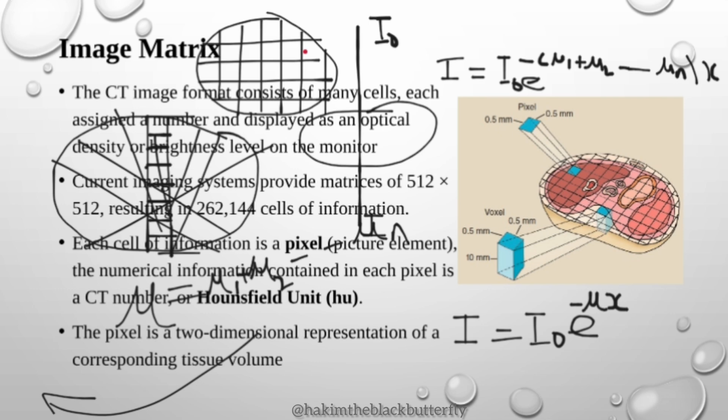So after calculating the attenuation coefficient for every pixel, then it has to use those attenuation coefficients for every pixel to calculate the CT number or the Hounsfield unit for every pixel.